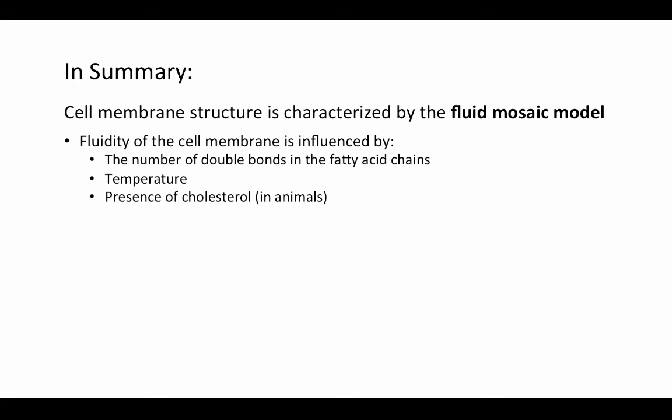Remember, it's going to move around more if the fatty acid chains are less tightly packed. So saturated fatty acids are going to pack more tightly and move around less. It's also going to be influenced by temperature, which again influences the packing of those fatty acid chains. They're going to be more tightly packed at lower temperatures and be less fluid. They're going to be moving around more due to the kinetic energy at higher temperatures and be more fluid.